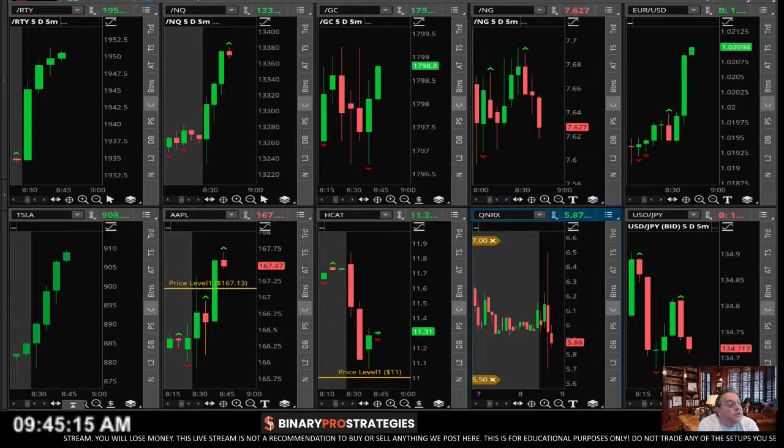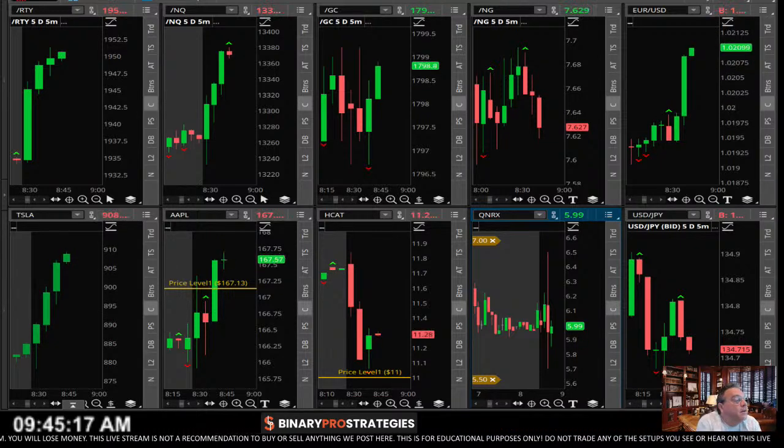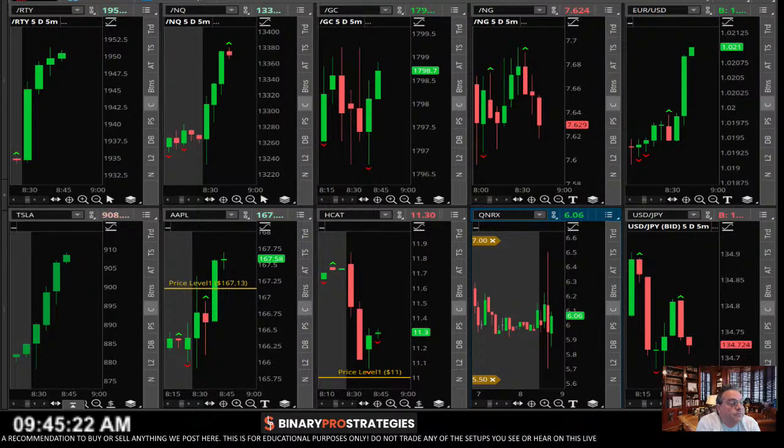And it's going to hit its target here at 167.63, real close.